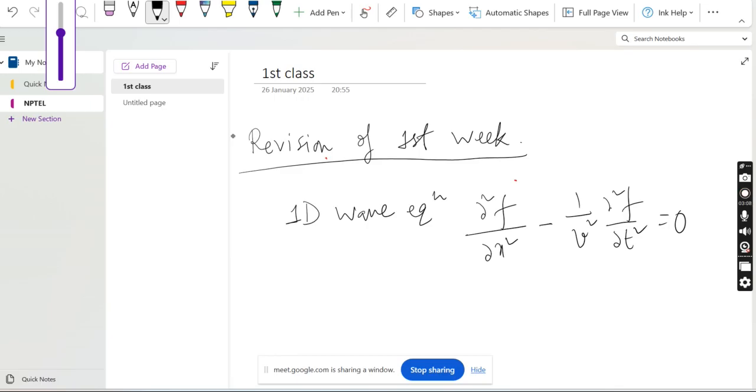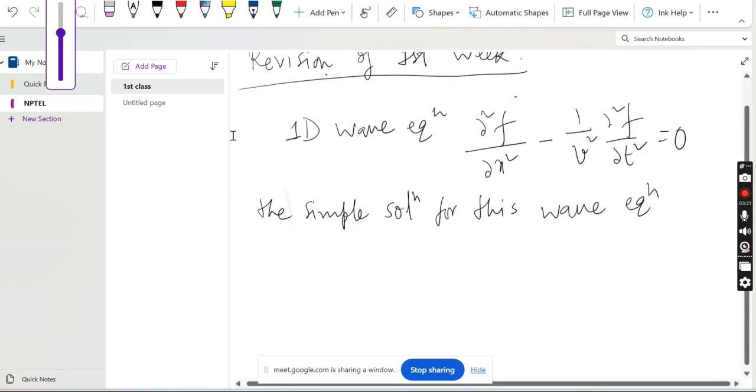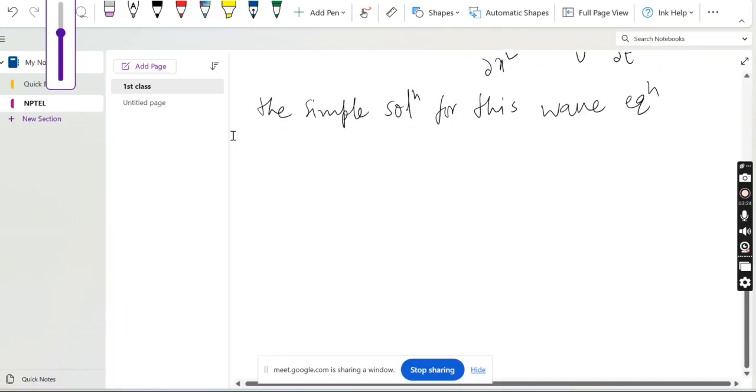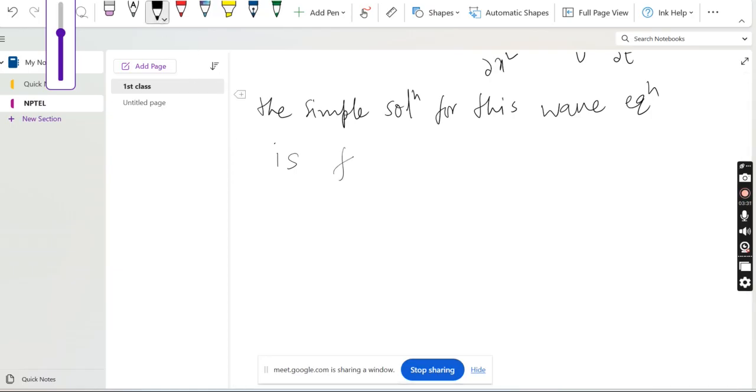And the simple solution for this wave equation is a function of x and t, which is in the form of f of x plus minus vt.